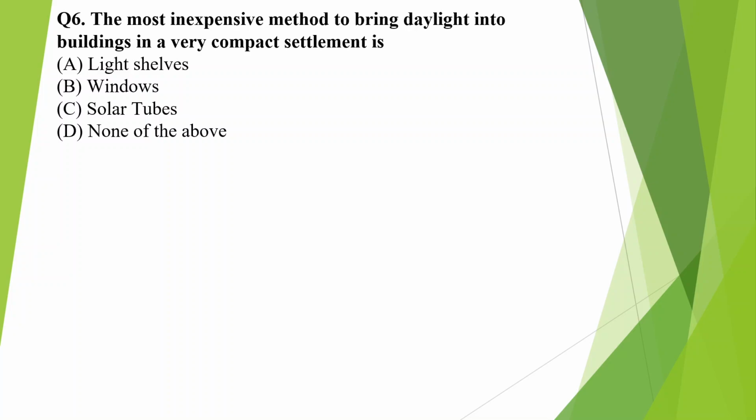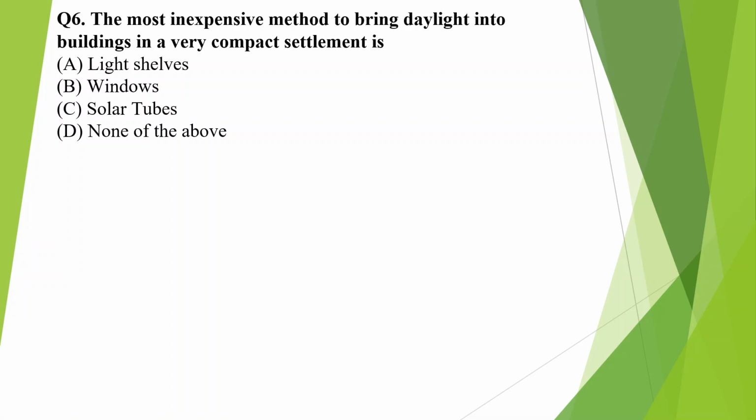If your building is very compact, option C is the correct answer, that is solar tubes or light tubes. I have told you they are cost-effective and energy-efficient systems, channelizing natural light deep into the compact building. They are mainly designed for compact buildings where windows are not feasible.